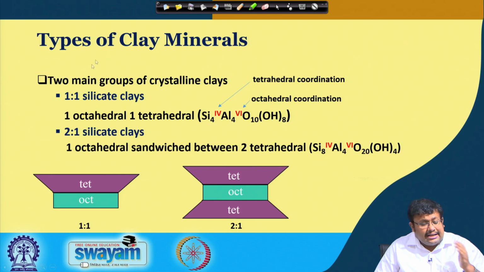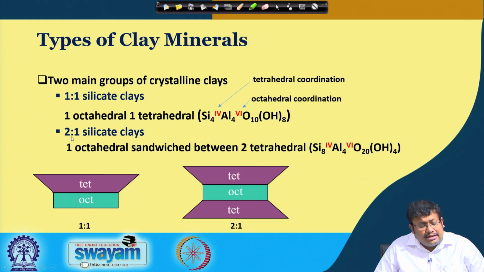Obviously, as you know, there are two main groups of crystalline clays. The 1:1 type of clay is composed of one octahedral and one tetrahedral sheet, and this is the structural formula, where the 4 denotes the tetrahedral coordination and 6 denotes the 6-fold, or octahedral, coordination for aluminum.